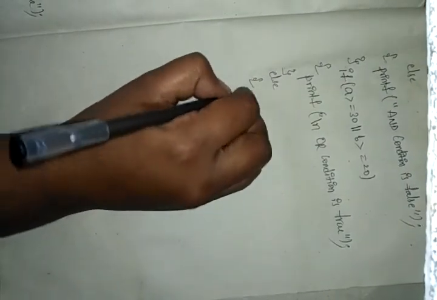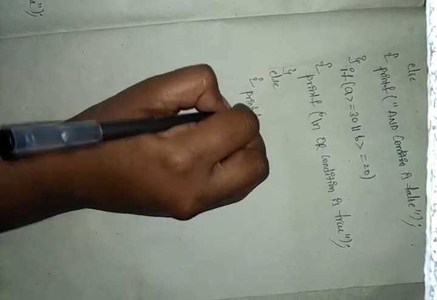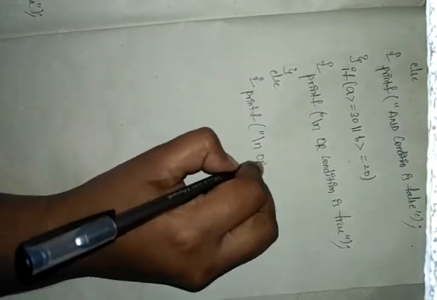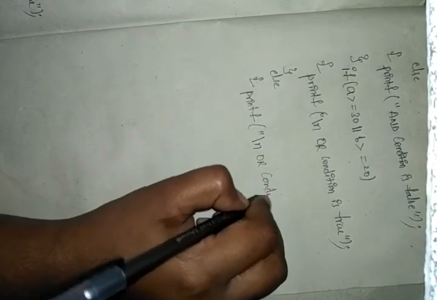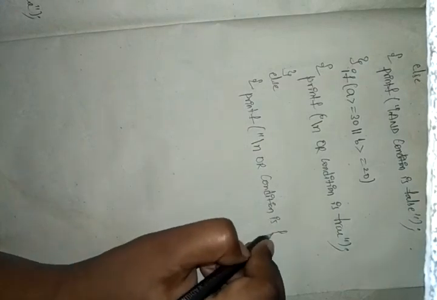Printf slash n, or condition is false. Okay, and next you close this.